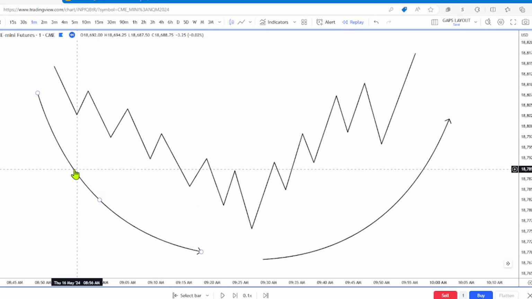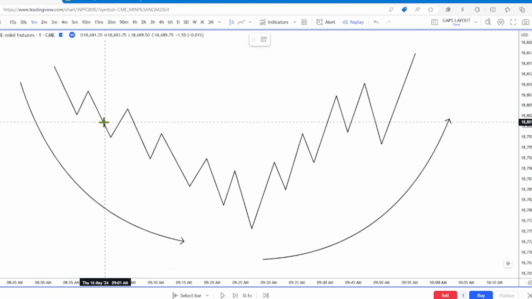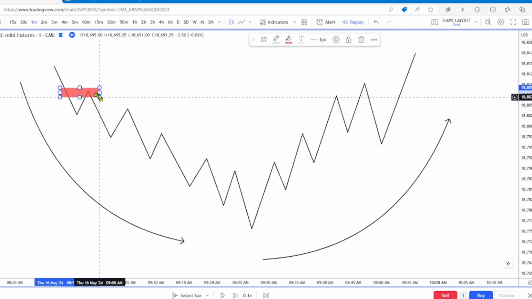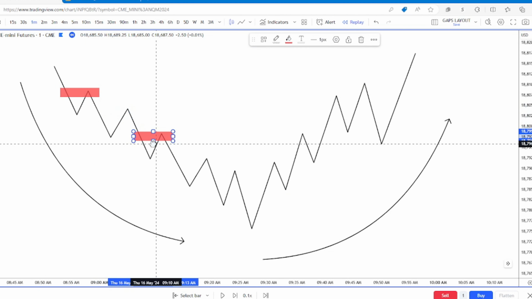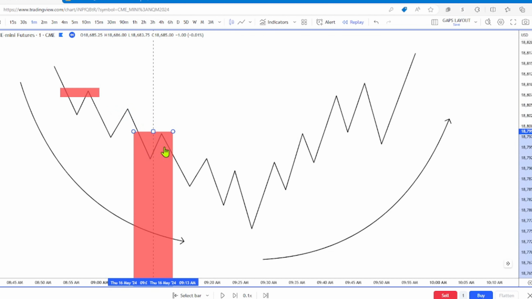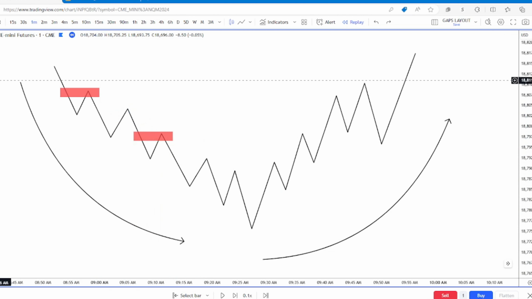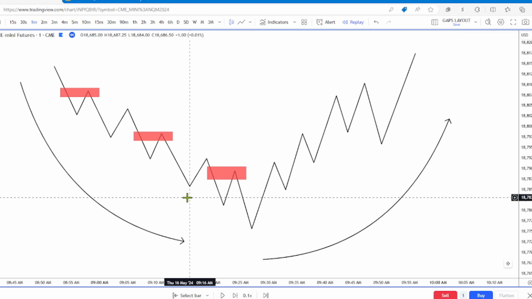On the left side of the curve here, we will have bearish PD arrays, right? So maybe there's a gap in here, another bearish gap in here, another bearish gap in here.